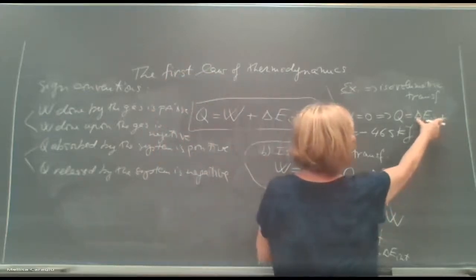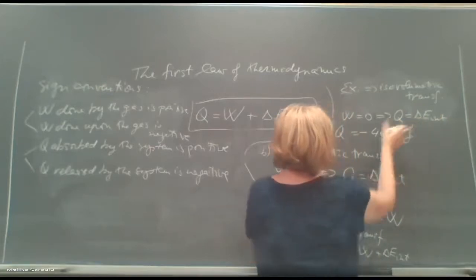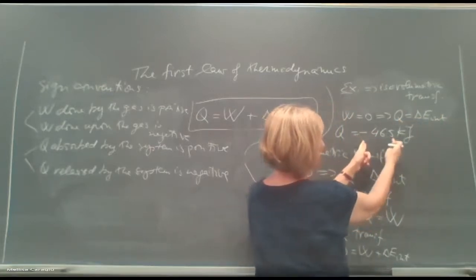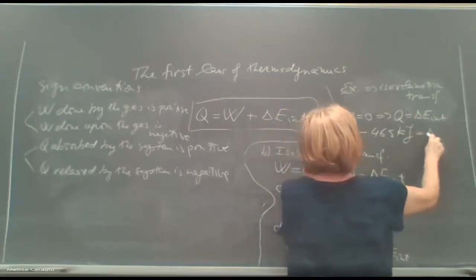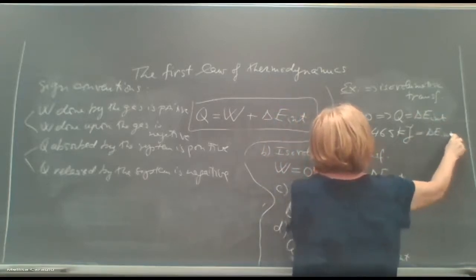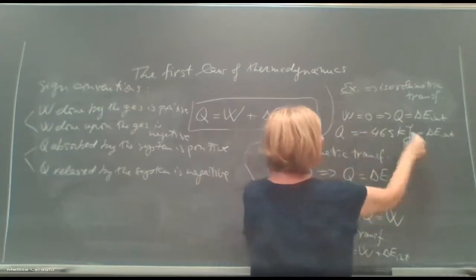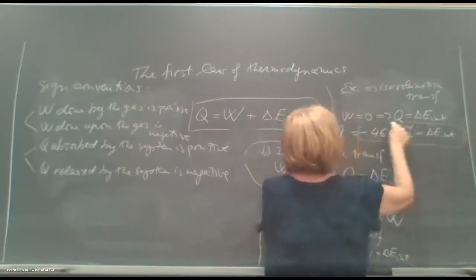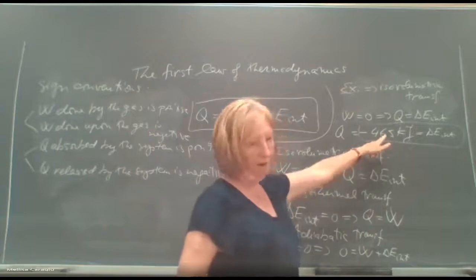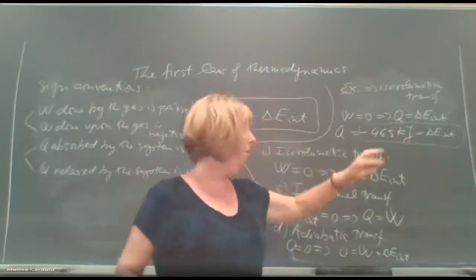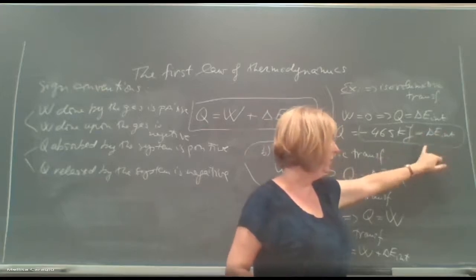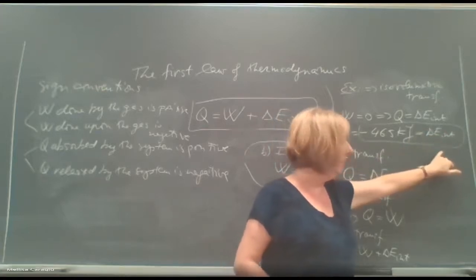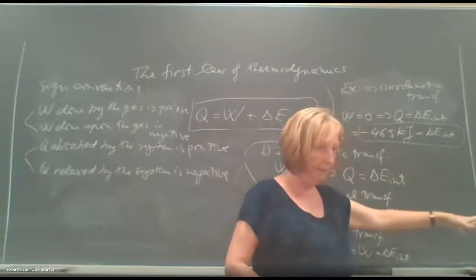And what was the change in internal energy of the gas? You know that change in internal energy equals Q. Since Q is negative 465 kilojoules, the change in internal energy is negative 465 kilojoules. How am I interpreting this? This means that internal energy final minus internal energy initial is a negative number.